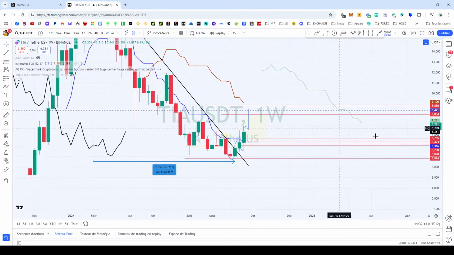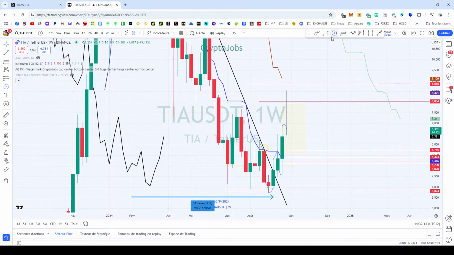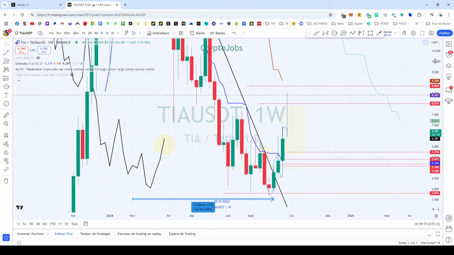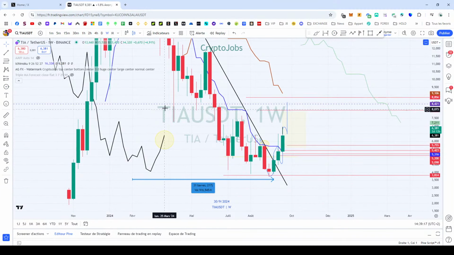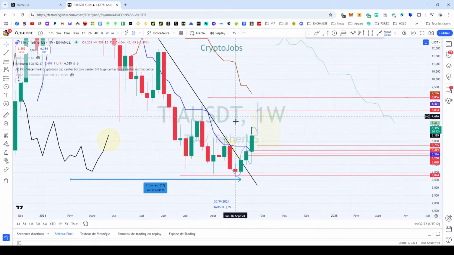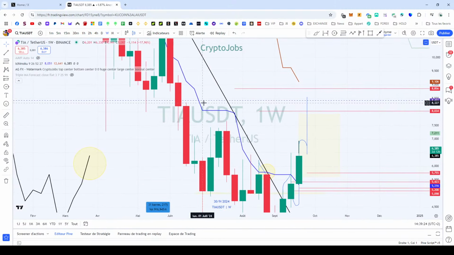After the breakout, you can see here the lagging span. There is no obstacle to be encountered on the weekly view, and the main resistance we can see on the weekly is this flat Tenkan line.